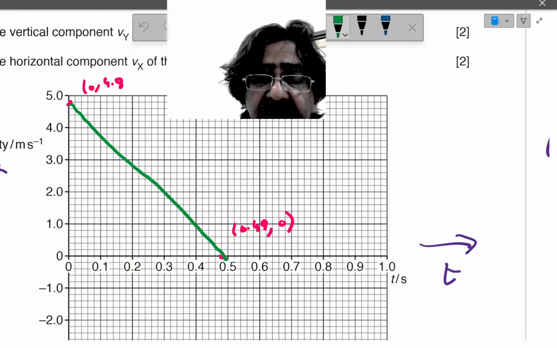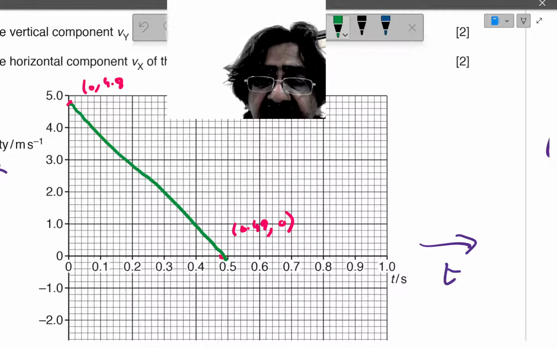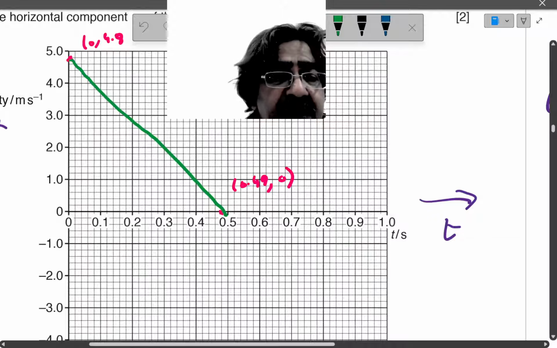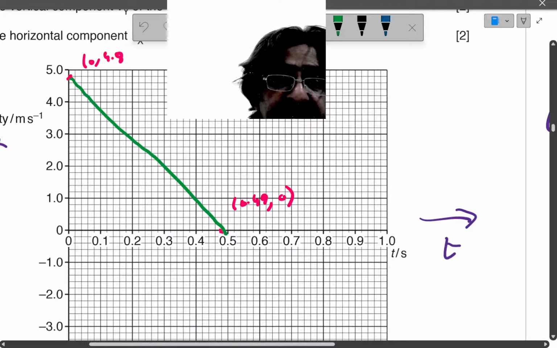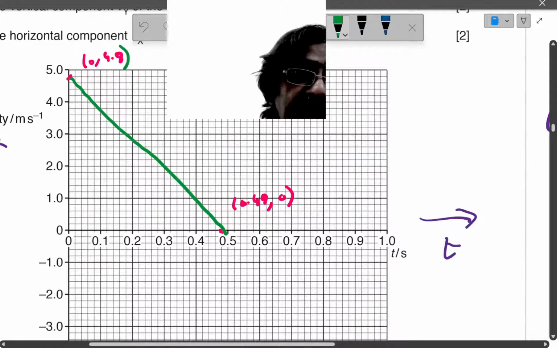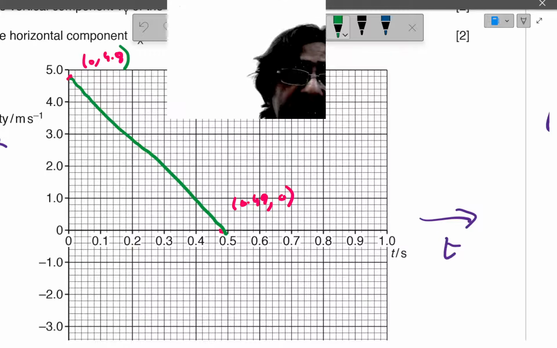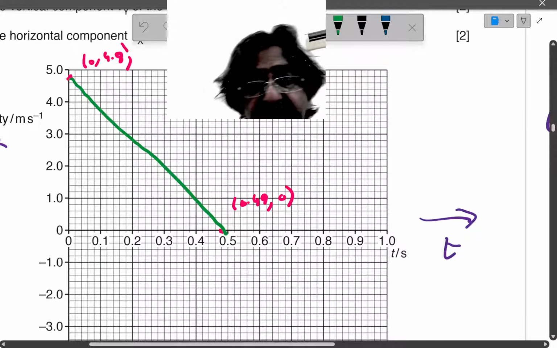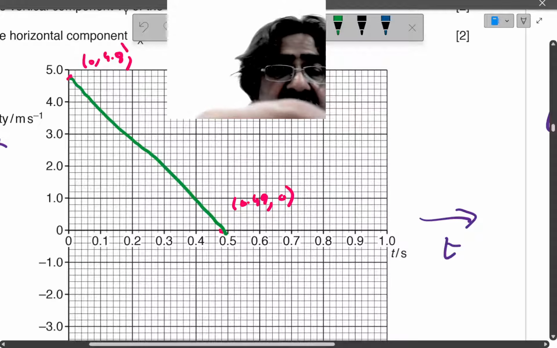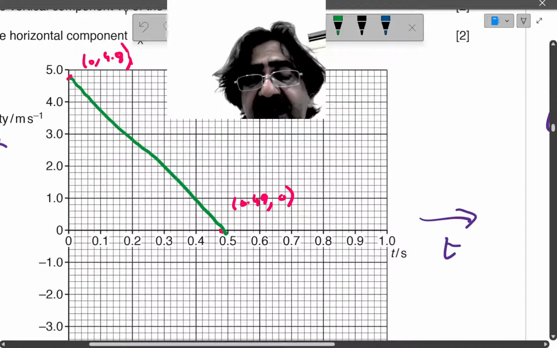When the ball reaches the maximum height, it will return with the same velocity but in the opposite direction. So if I consider that this velocity at maximum height is 4.8, positive, the magnitude will remain the same, but it will move toward the negative direction because the direction is changing.